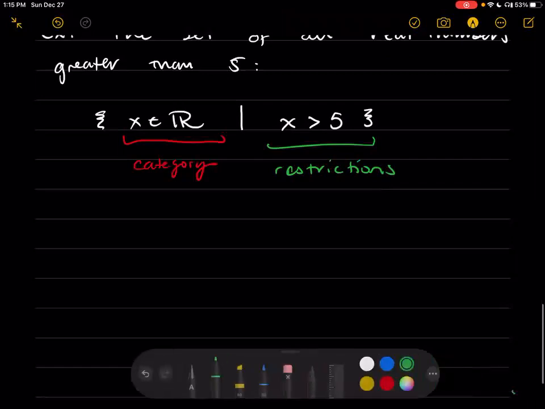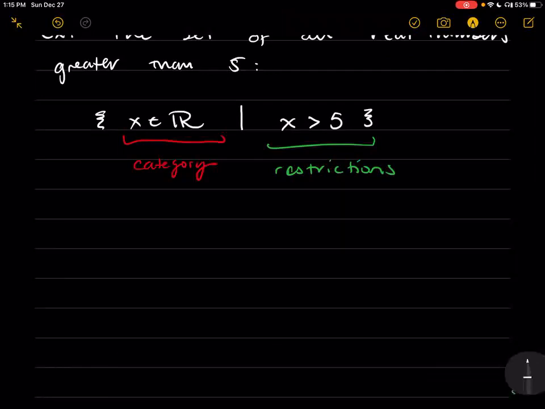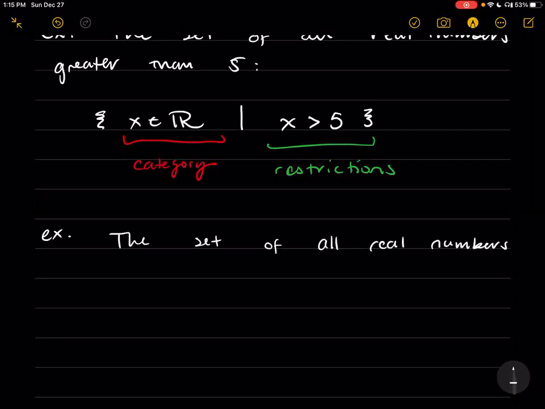We can integrate more complicated sentences or ideas into set builder notation, which is what makes it so useful, because it's versatile. So let's say we wanted to do the set of all real numbers smaller than 3 or 1 less than 5.